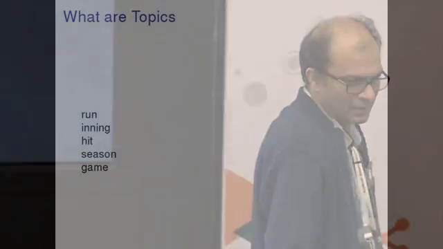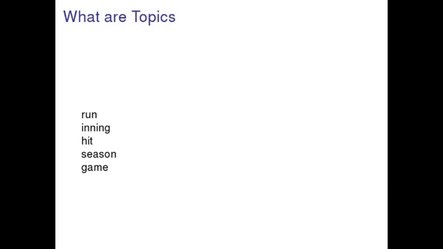Just to set some definitions right, what are topics? Suppose I show you a document on which you see the following words: run, innings, hit, season, game. Any idea what the document could be? Baseball. Sports, baseball, and cricket.